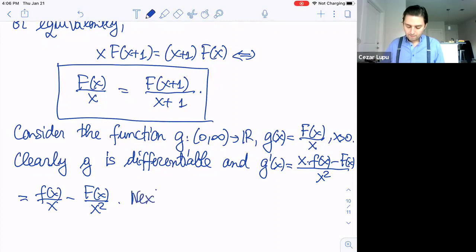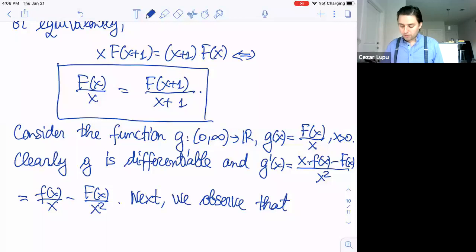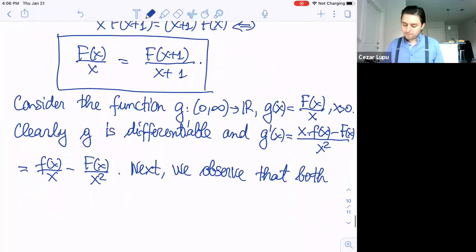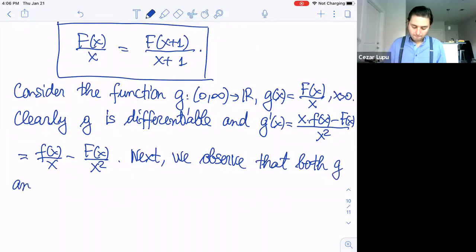So next, we observe that both g and g prime are periodic with period 1.